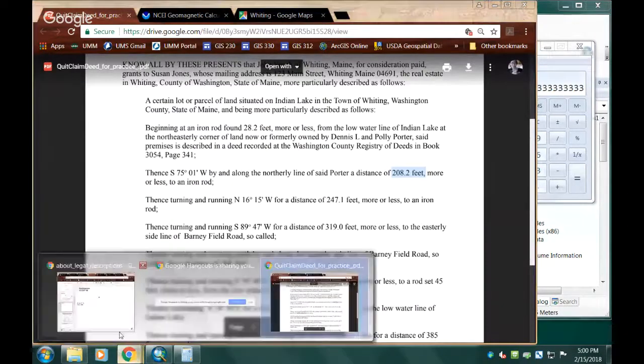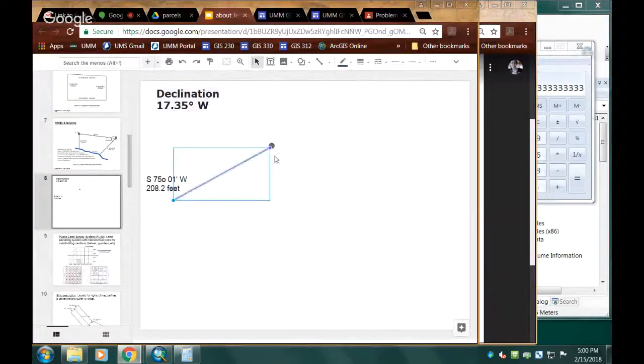To an iron rod, so there's another iron rod. Good. I find it useful actually to say rod, so that I know what that is. So there's an iron rod and an iron rod.